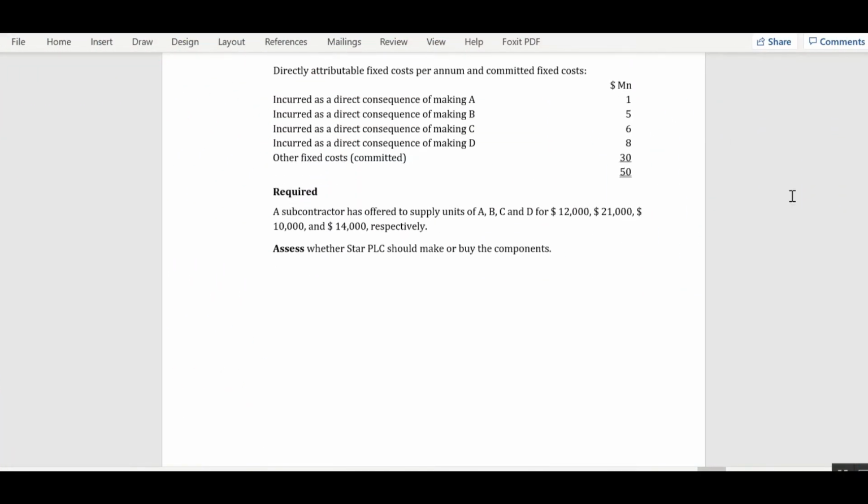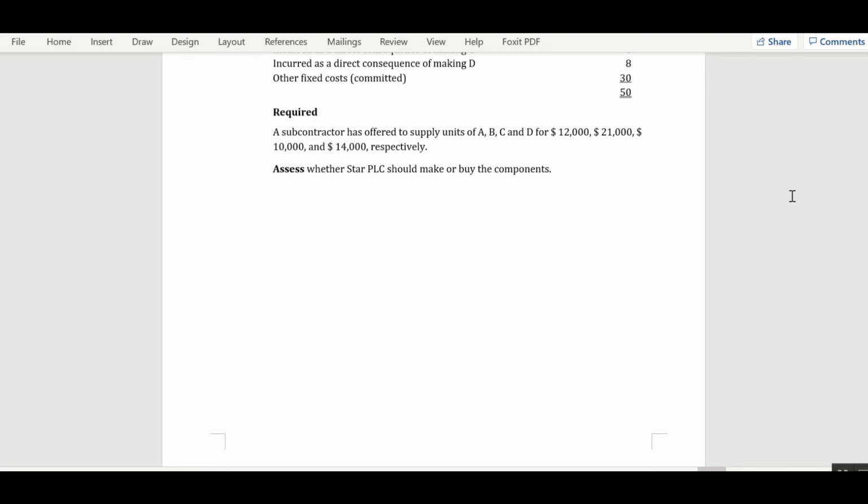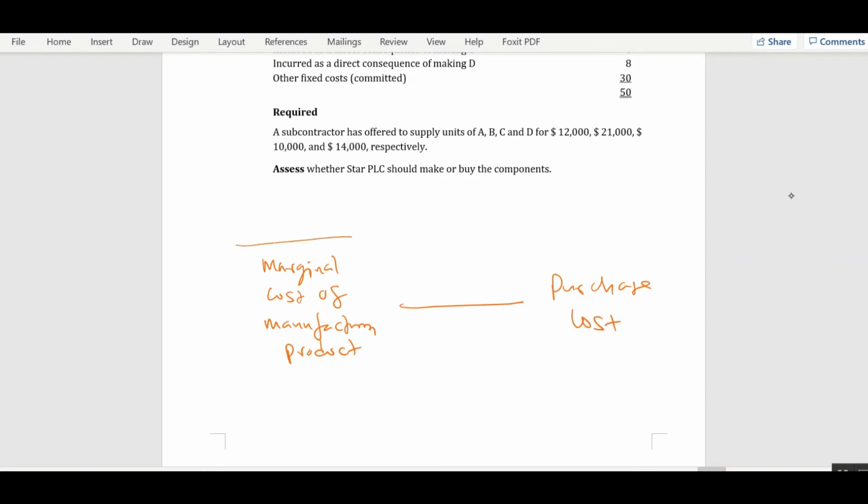So basically what you need to do is you need to compare the marginal cost of manufacturing a product versus the purchase cost. So this is what you need to compare.